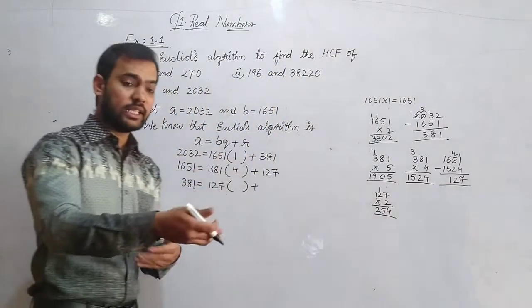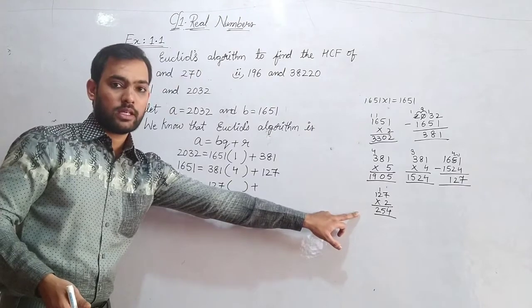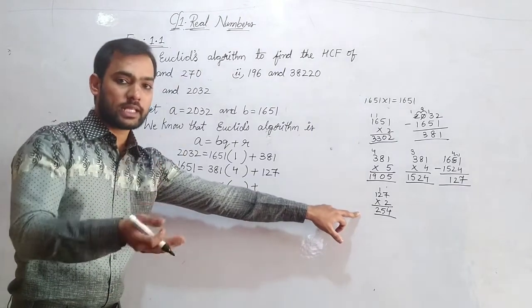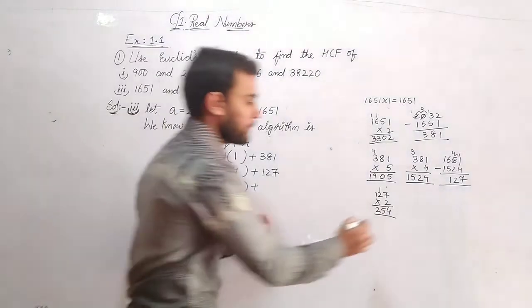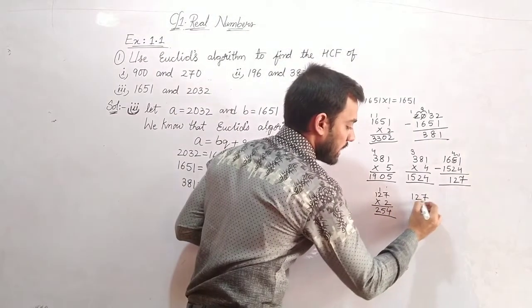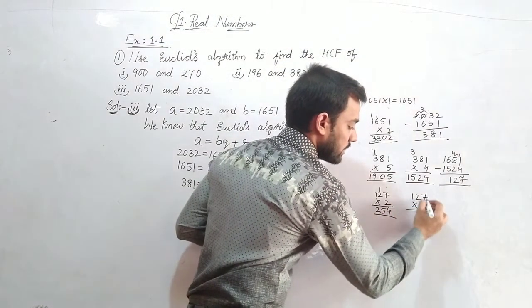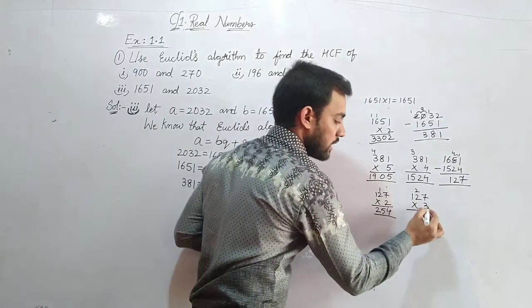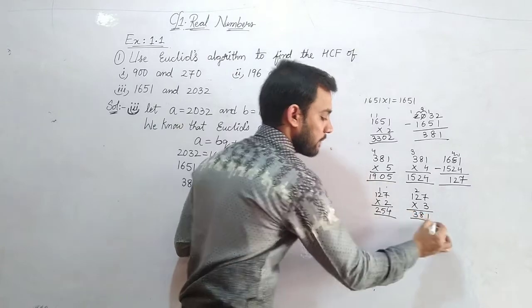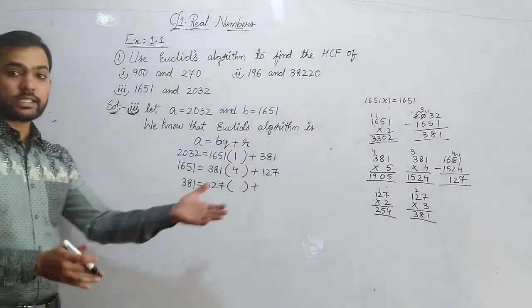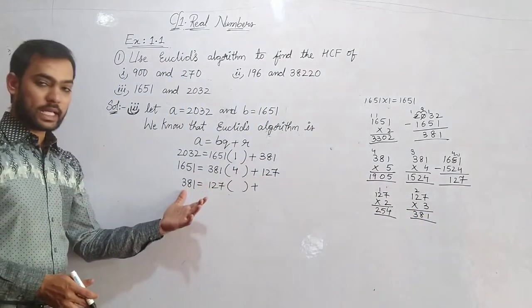If we get an exceeding number, then we will go for the previous one. So there are chances that you may get an exceeding number, or you may get an equal or lesser number also. So let us check that also. 127 multiplied by 3. 3 sevens are 21. 3 twos are 6 plus 2, 8. 3 ones are 3. We did not get an exceeding number, you can see. We got the exact number.